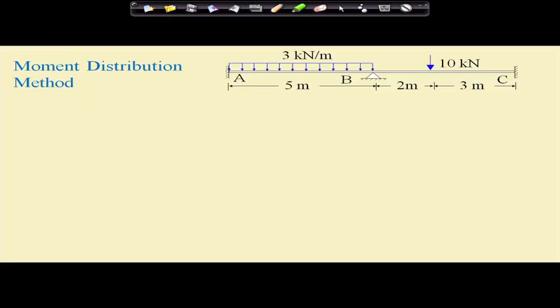Okay. Now, if you compare this with the slope deflection method, there was no iteration in the slope deflection method, right? Once we get a system of equations, the solution of these equations gives the theta, and that is the exact value with respect to the assumption that we made.